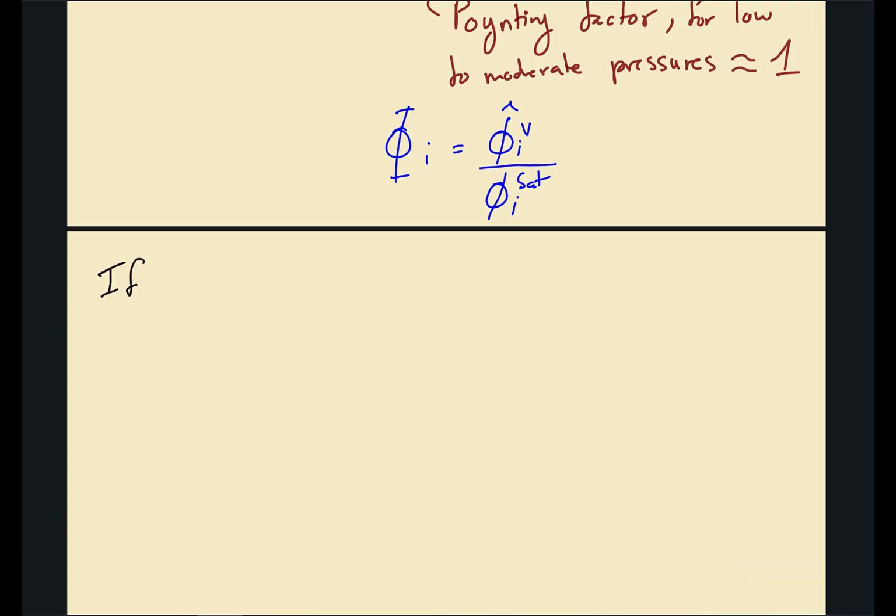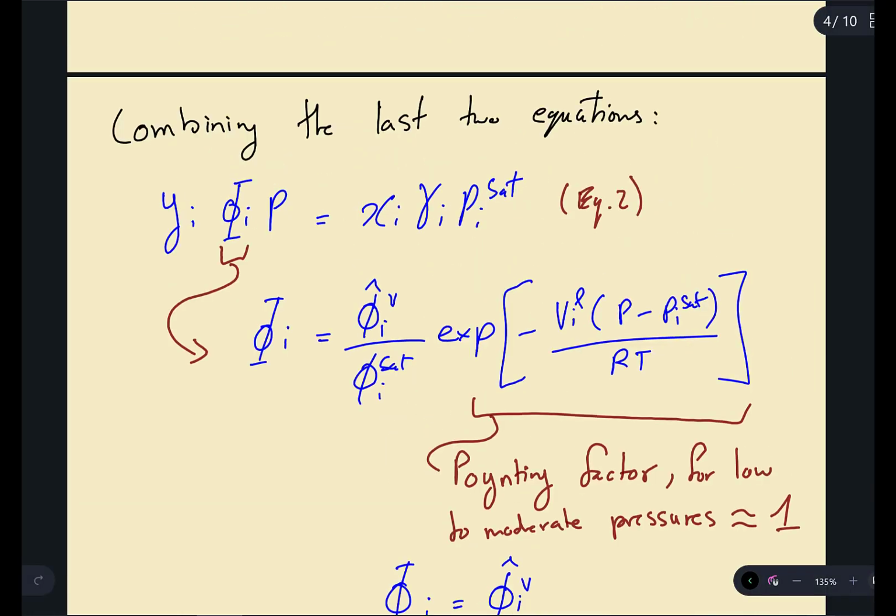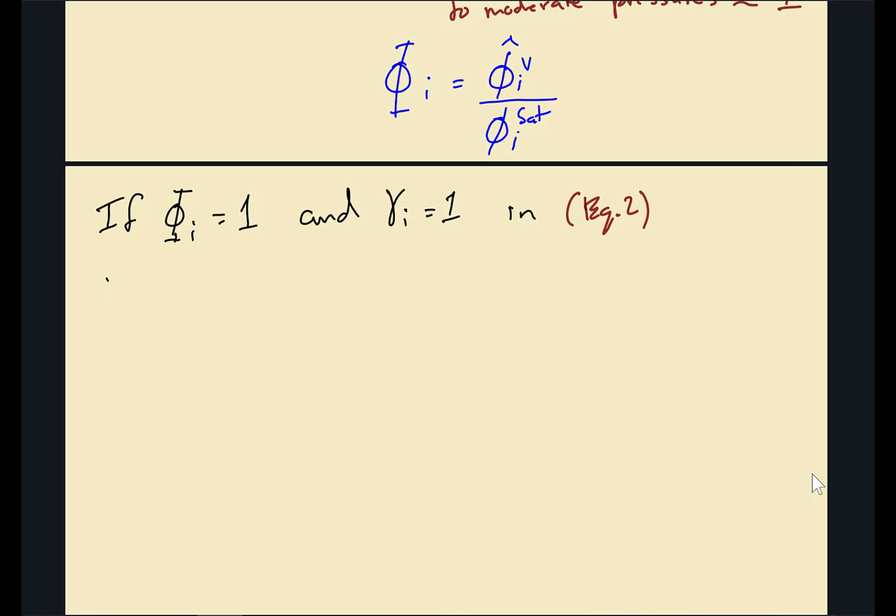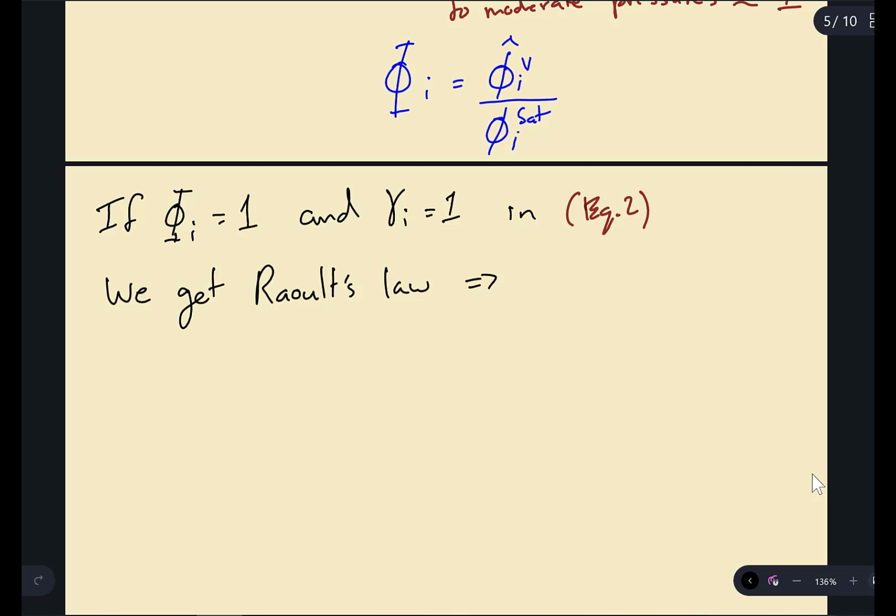If this fugacity coefficient ratio is equal to 1, and if the activity coefficient is equal to 1 in equation 2, which is what we see up here, what do we get? We get Raoult's law, right? y_i times P equals x_i times P_i^sat.